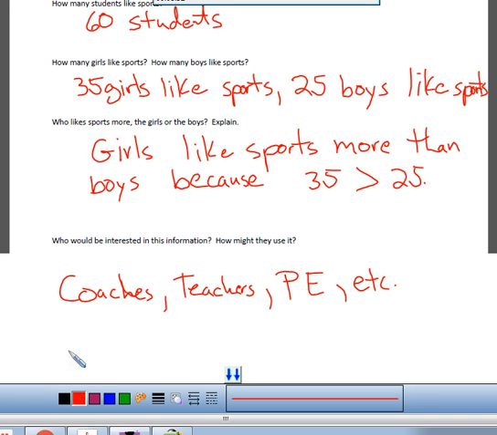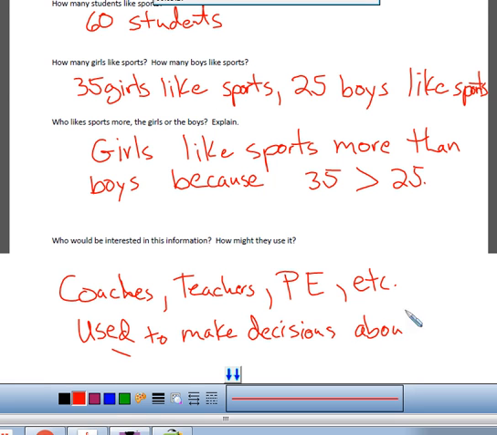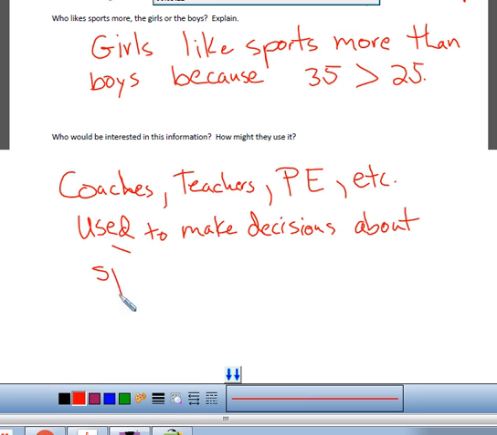And how might they use it? Basically, to make decisions about sports topics or issues.